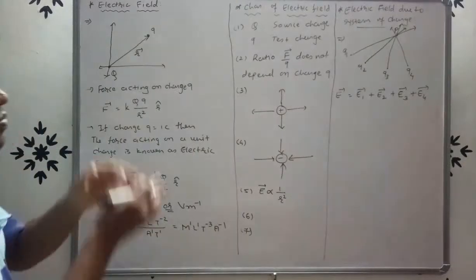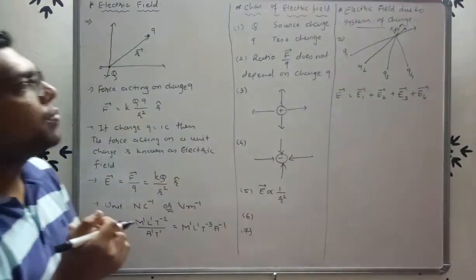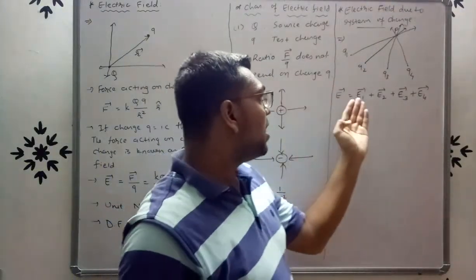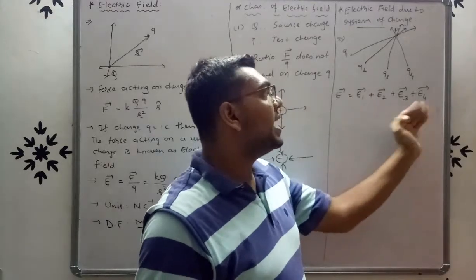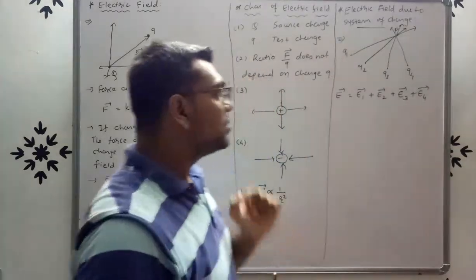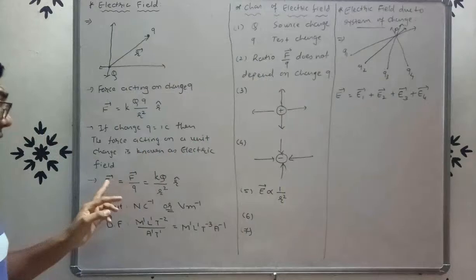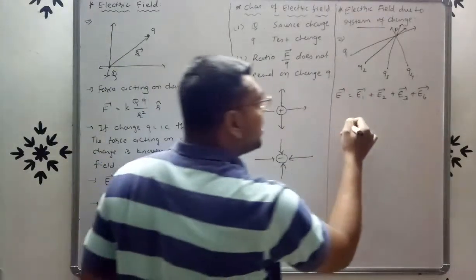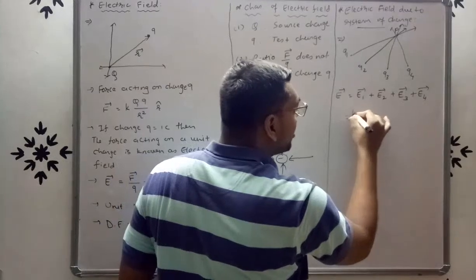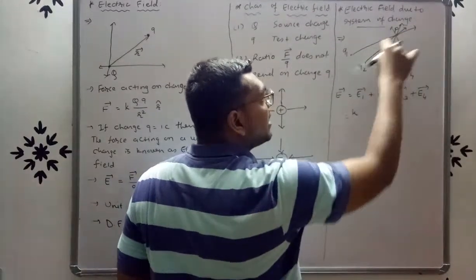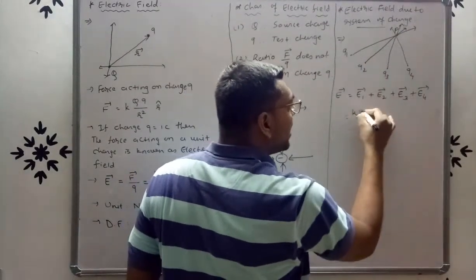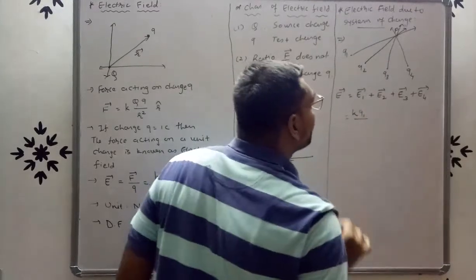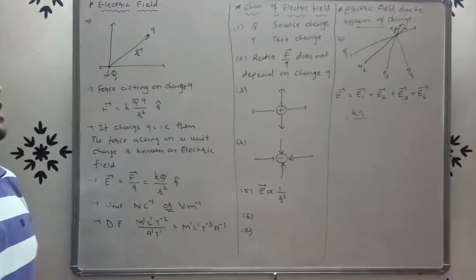Now we have to write the formula of E1, E2, E3 and E4, right? So we know that electric field E is equal to KQ upon R square into R cap. So E1 is KQ, but E1 is the electric field due to Q1, so KQ1 upon R square.